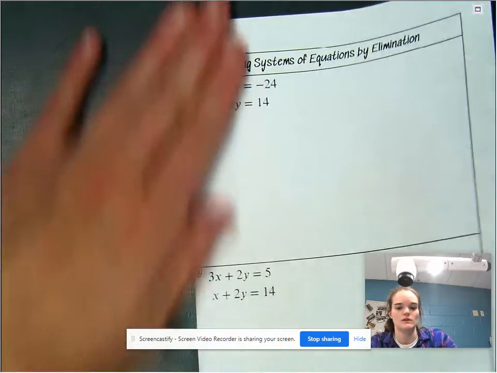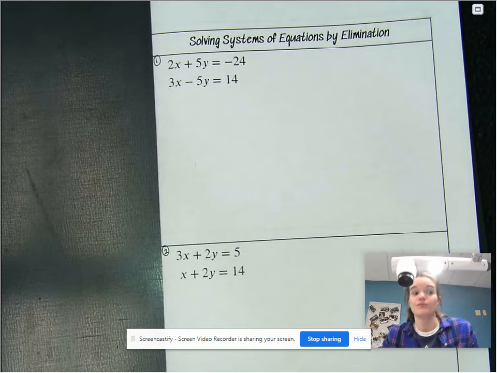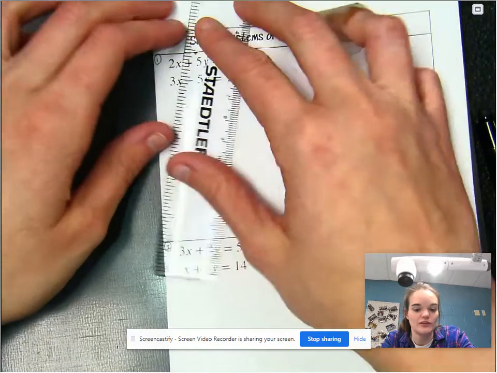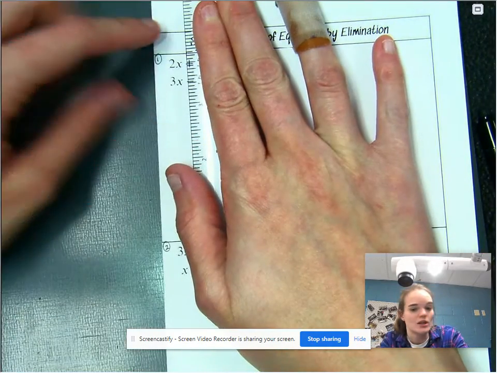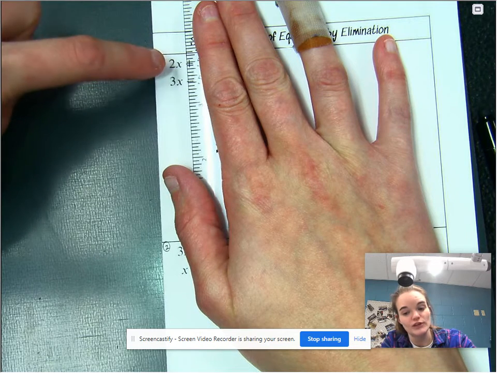Okay. Solving systems of equations by elimination literally means what it sounds like. I'm going to eliminate one of the variables. In order to eliminate, they have to have a plus and a minus, and the same number. It doesn't matter which one's plus and which one's minus. So we're going to start by looking at the x's. The numbers in front, one is 2, one is 3.